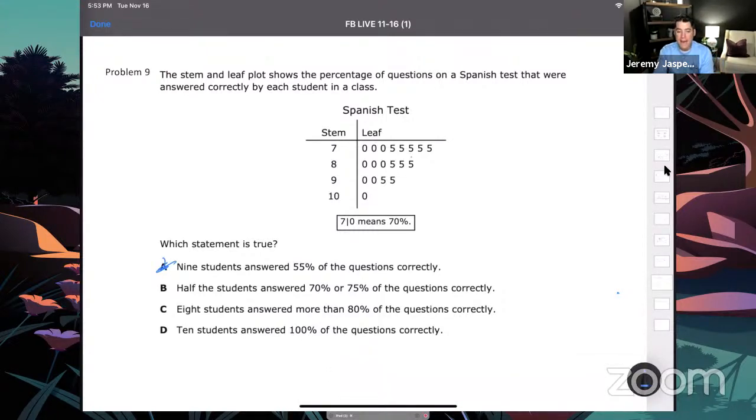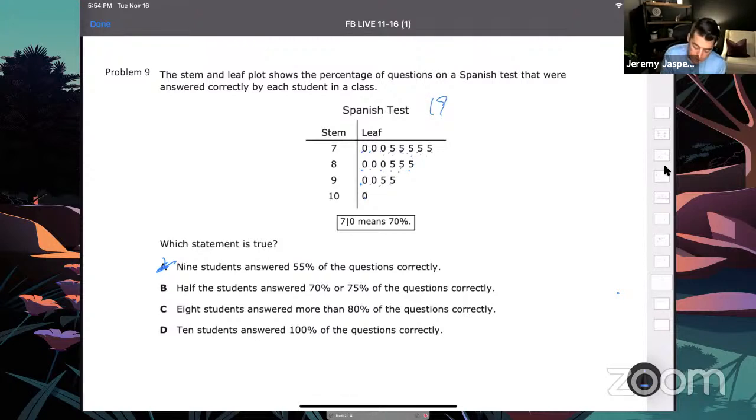Moving on. Half the students answered 70% or 75% of the questions correctly. So as we go through this, let's count how many students we had, because it didn't give us that in the question. Real quick, 1, 2, 3, up to 19. There are 19 students, okay?